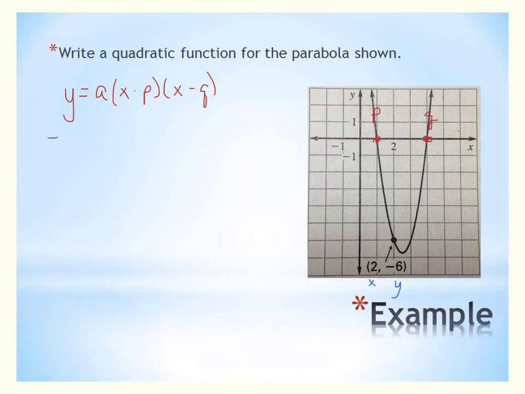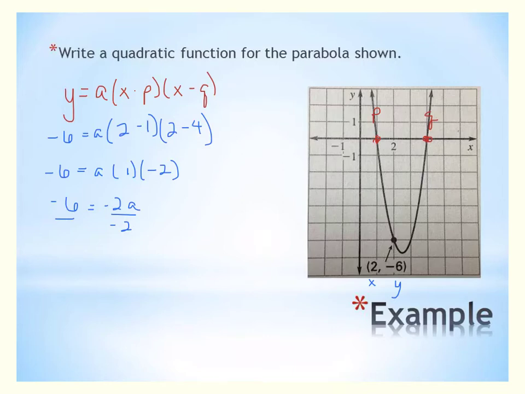So this is -6 equals a times (2 minus 1) times (2 minus 4). So -6 equals a times 1 times -2, which is -6 equals -2a.